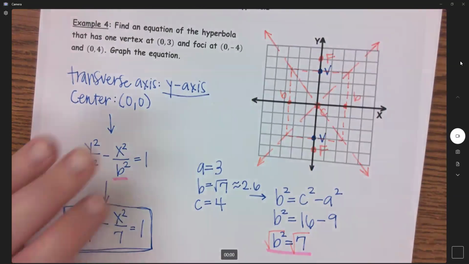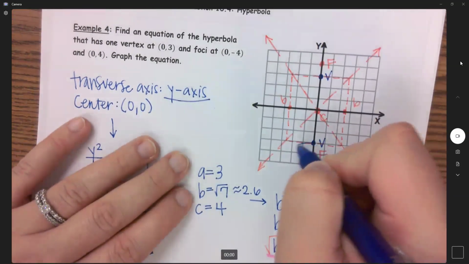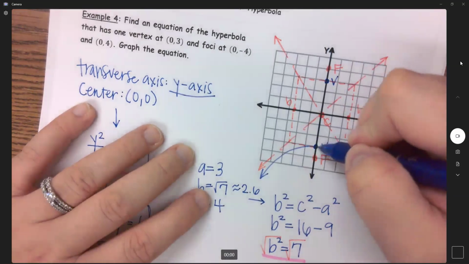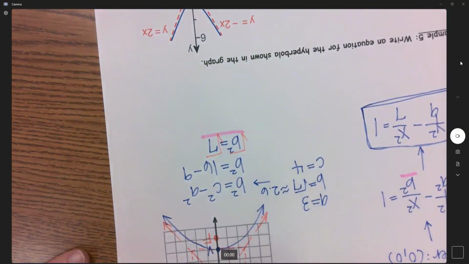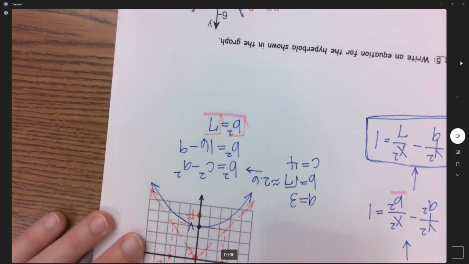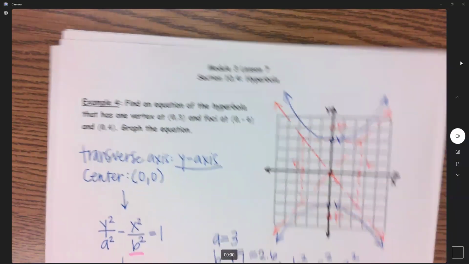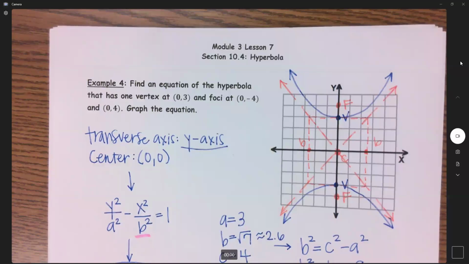And now I can finish my graph. So I'll go from my vertexes and start hugging those asymptotes. So this one's a little bit more narrow of a graph than we had before.